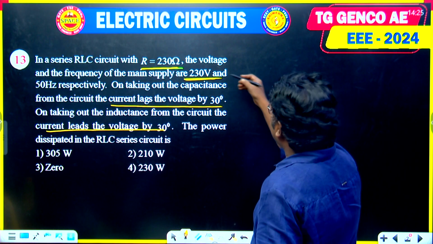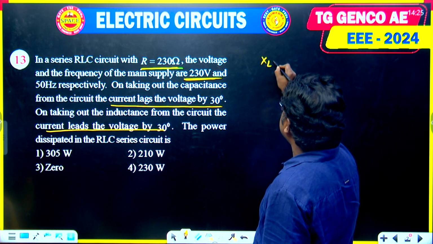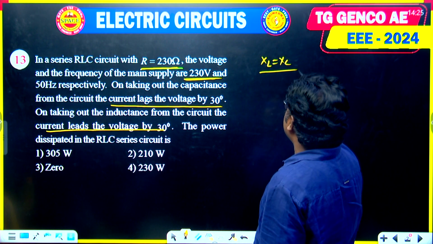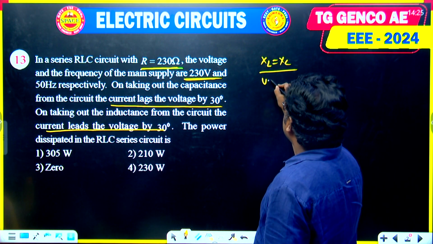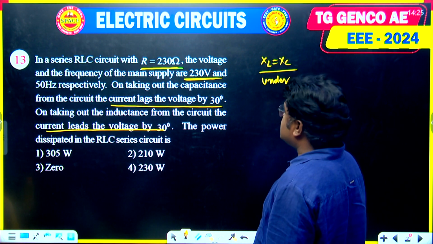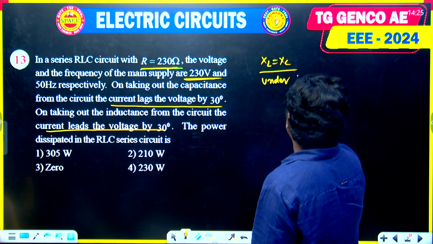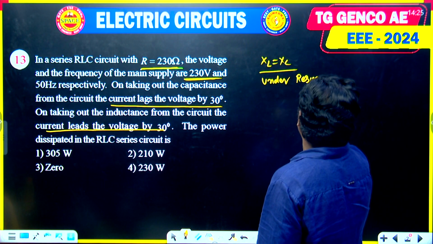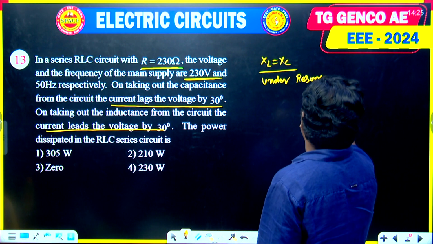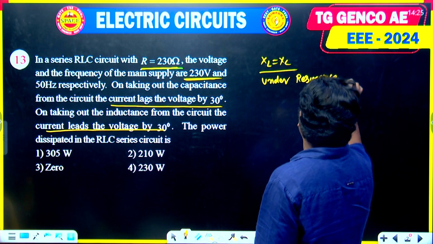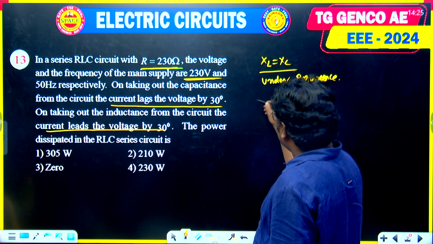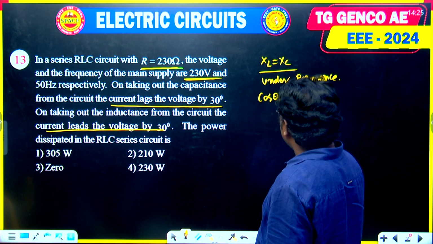Under this condition, XL is equal to XC, so it is a series RLC circuit under resonance conditions. Then the power factor, cos theta, is equal to 1.